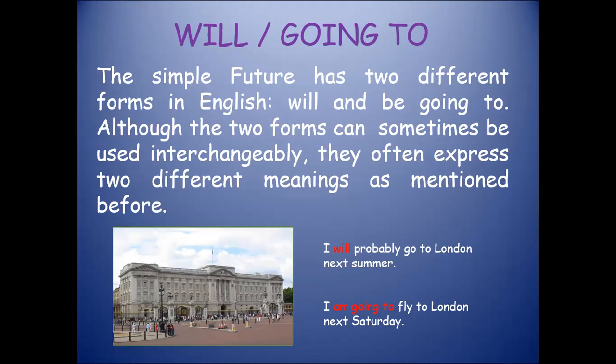It is an event that I already planned and prearranged in the past. So the difference between them is only that one has a little more degree of certainty than the other. Going to is used for prearranged plans, something that I'm pretty sure is going to happen, while will expresses probability or a spontaneous decision, something we cannot really be sure about.